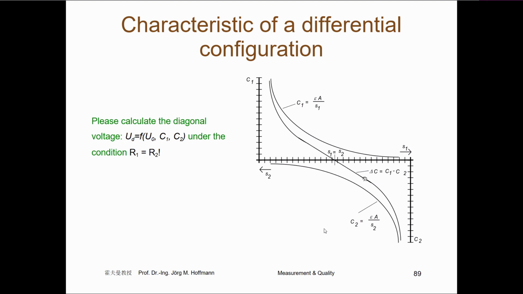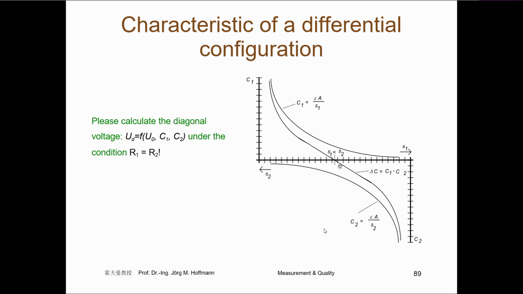That is the most important point for the differential configuration. You can make a linearization of the sensors. And additionally, you have the double sensitivity, because it is a half bridge. A half bridge has the double sensitivity of a quarter bridge.